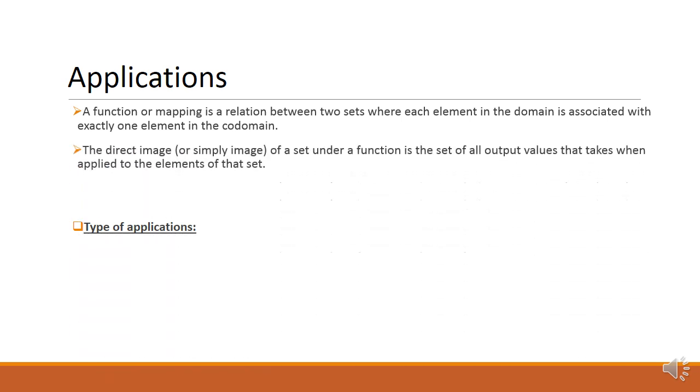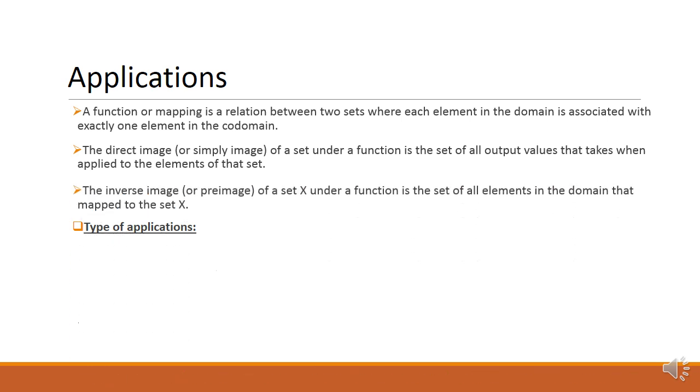The direct image of a set by an application is the set of all output values that it takes when applied to the elements of that set. The inverse image or pre-image of a set under an application is the set of all elements in the domain that map to the set.